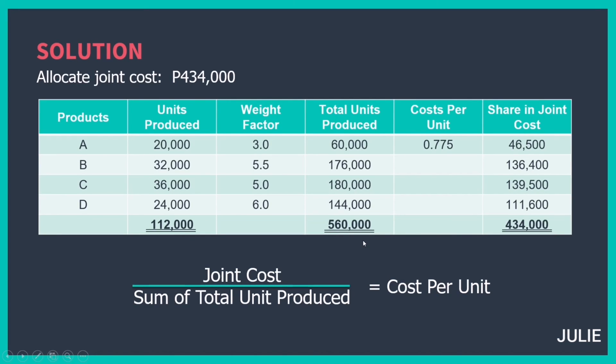So next, after allocating and after getting the share in joint cost, we will now compute for the cost per unit, the same as in the average cost method. Under the weighted average method, cost per unit is computed as joint cost divided by the sum of total units produced.